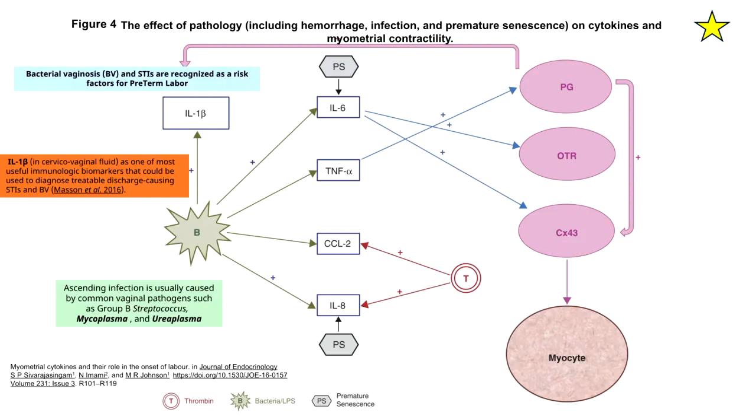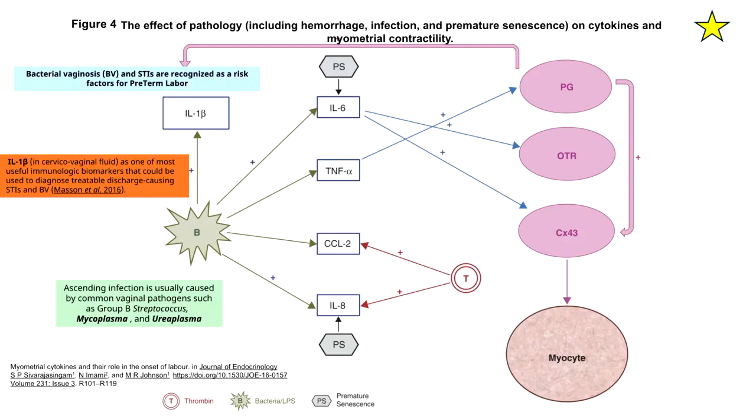And a person that has bacterial vaginosis is going to have an ascending infection, usually caused by several pathogens such as group B Streptococcus, or it could be a Mycoplasma, or it could be Ureaplasma urealyticum.